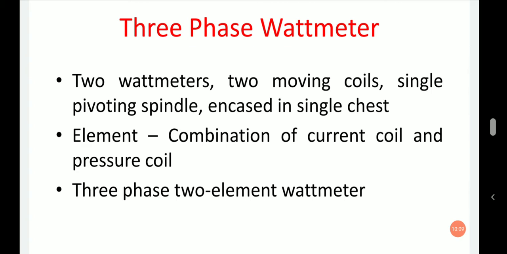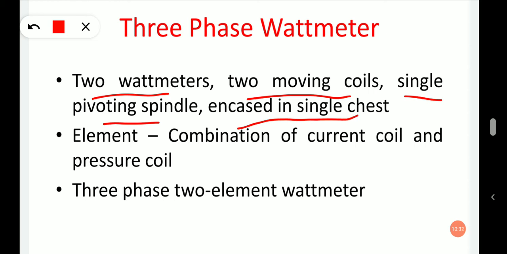It consists of two wattmeters having two moving coils mounted together on a single pivoted spindle and encased in a single chest.